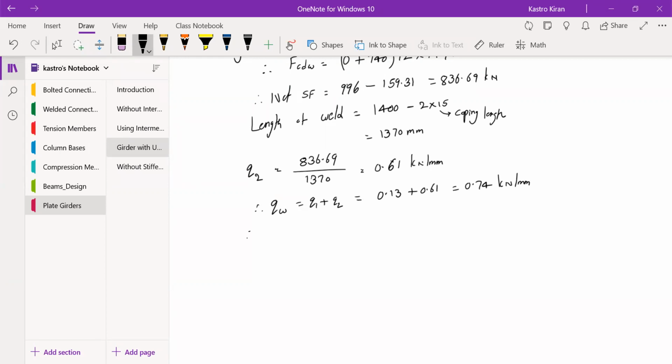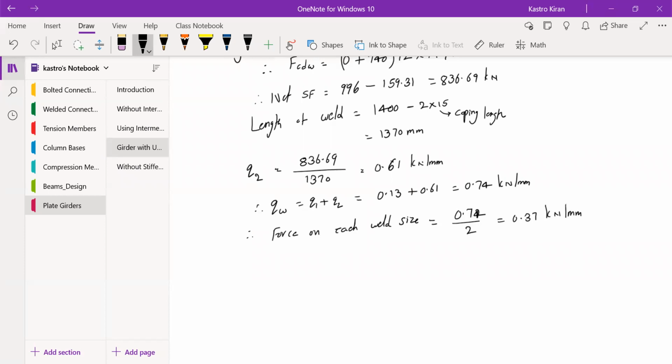Therefore, force on each weld size equals half of QW. So that is 0.74 upon 2, which will give you 0.37 kilonewtons per mm.